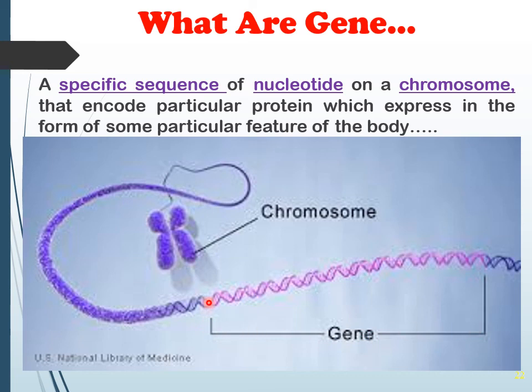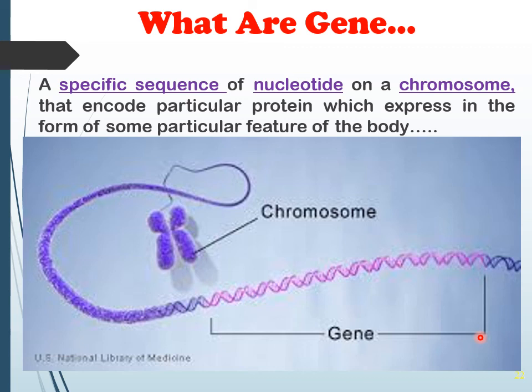Again, an interesting fact: we have somewhere around 23,000 genes present on the DNA of each and every cell. It's really an amazing thing, and the same thing we are going to use for DNA fingerprinting.